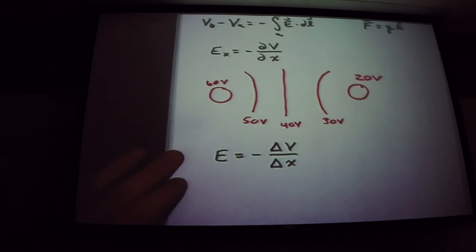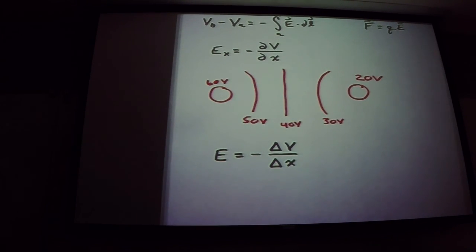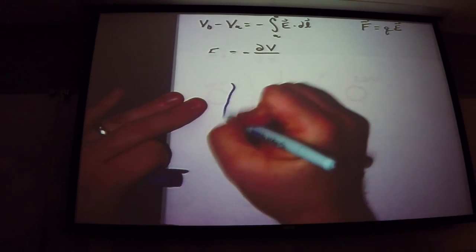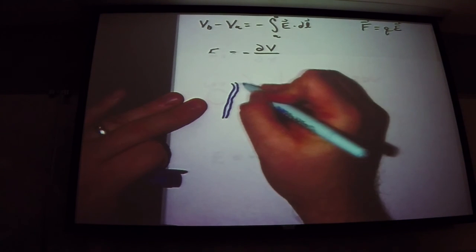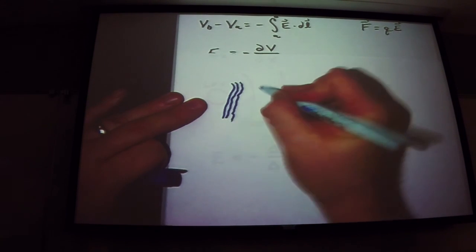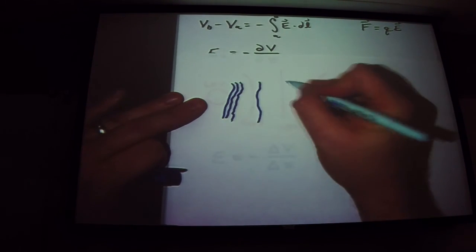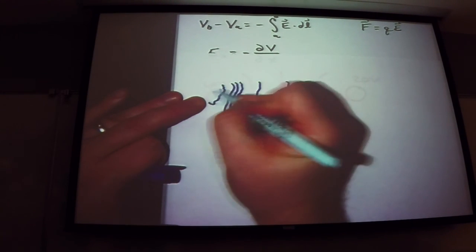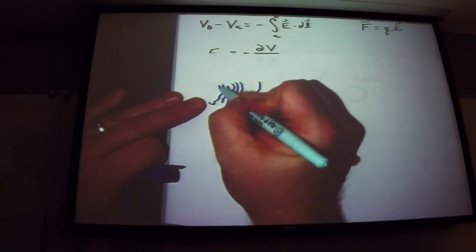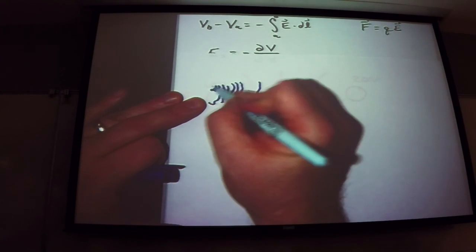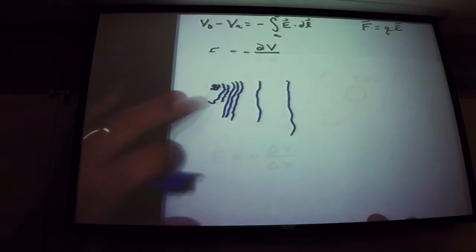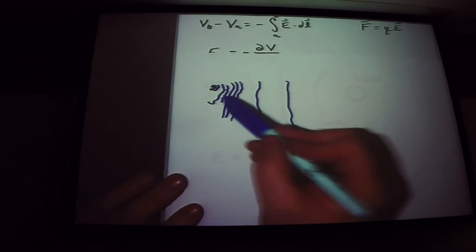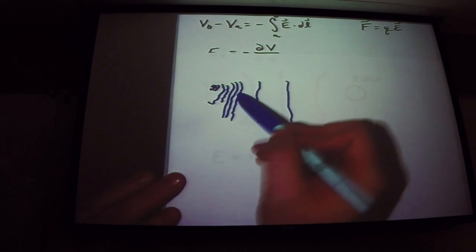If you think of it like a topographical map, with lines on a mountain of equal height, what would you say about these topographical lines where they're closer together?